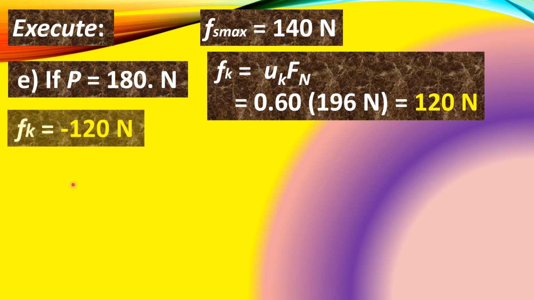In terms of direction, the kinetic friction is opposite to the direction of the applied force. Since the applied force is to the right, the kinetic friction is directed to the left. So we are done answering questions letter A to letter E.